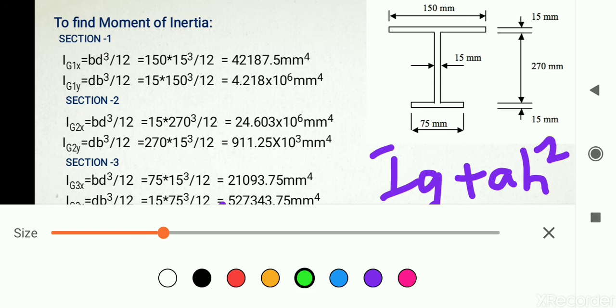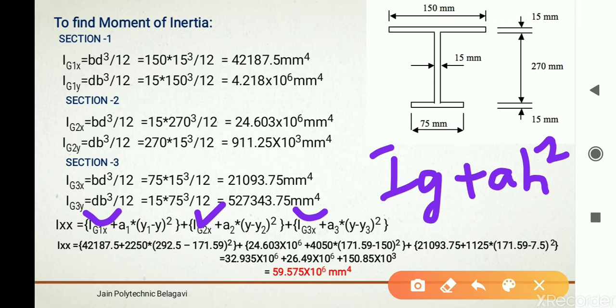Coming to Ig1x, we have A1 mentioned. So how to calculate h square for section 1? The main CG lies at this location, right? And the section 1 Ig is here in the center of section 1.